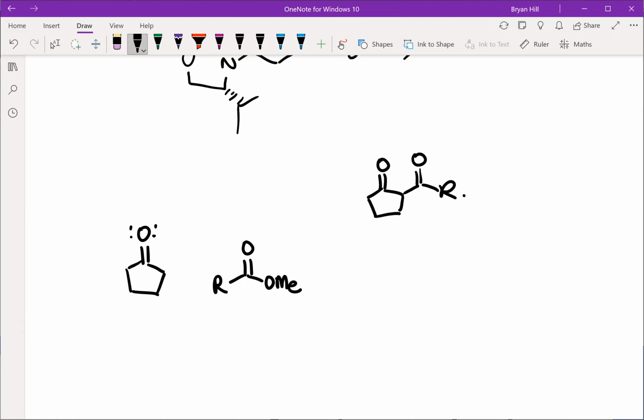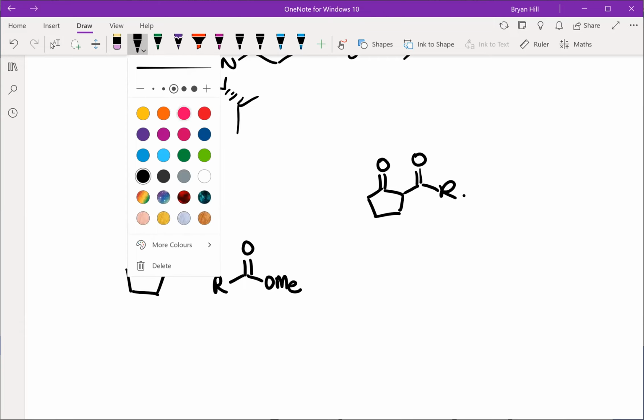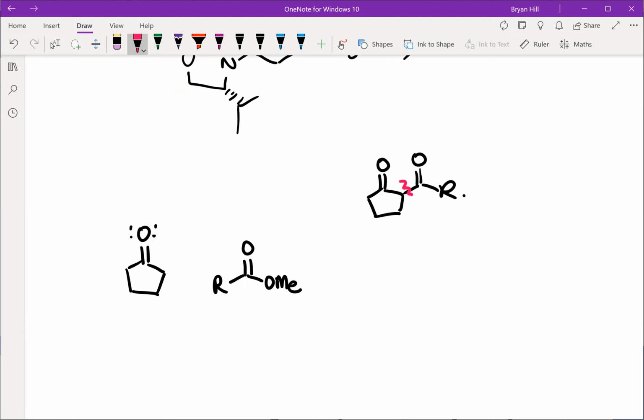If we follow the enolate methodology, we would start with these 2 components.